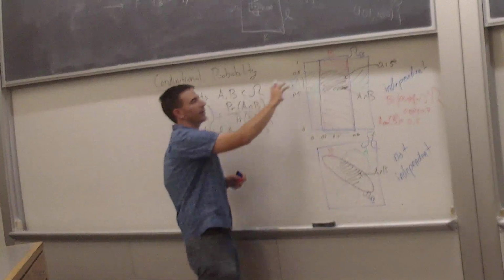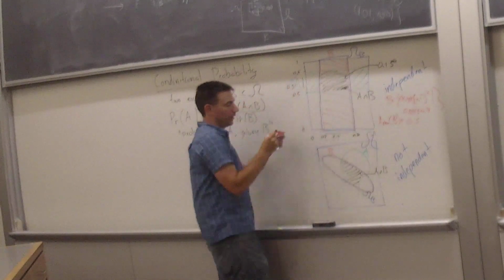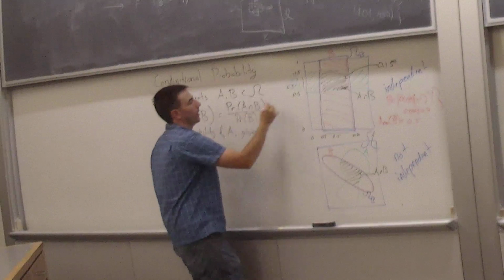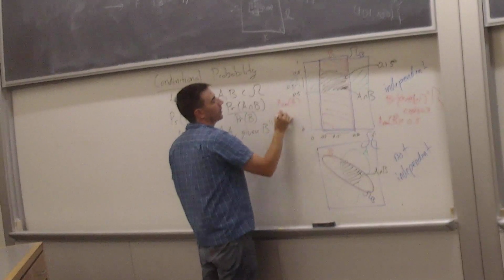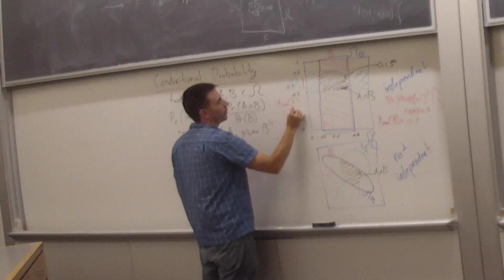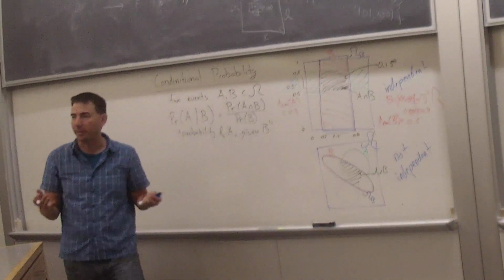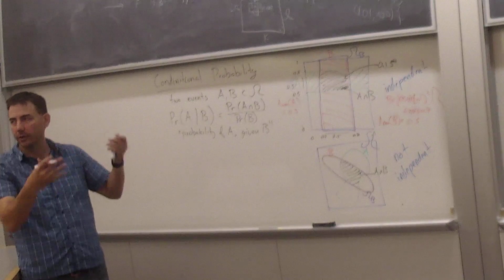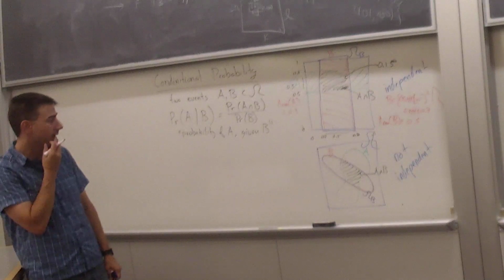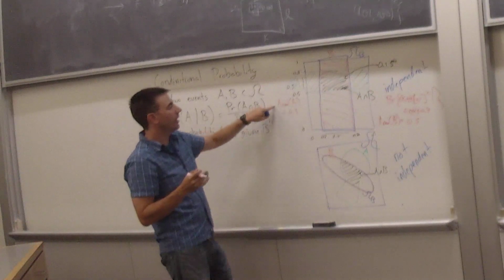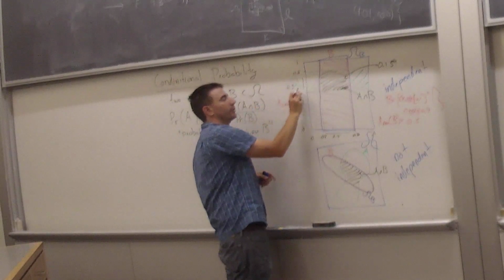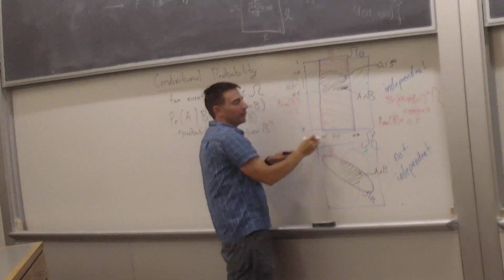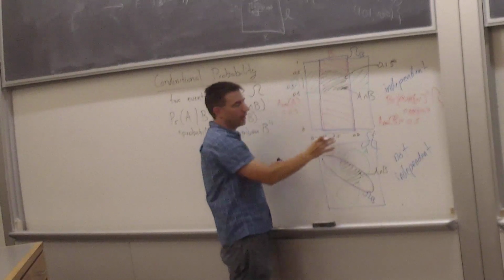Similarly, I can define the area of A. The area of A is going to be 0.3, and that corresponds with the probability in this mental diagram. It's all the y values between 0.5 and 0.8, and it doesn't matter what the x value is.